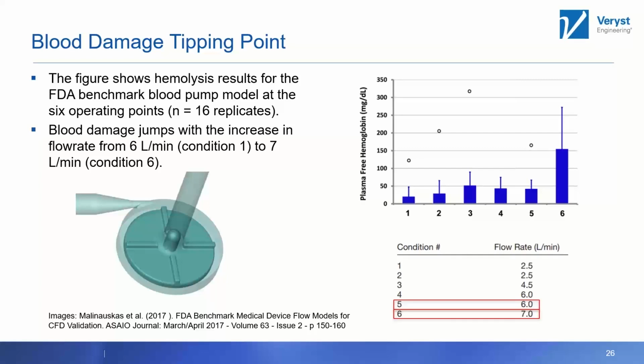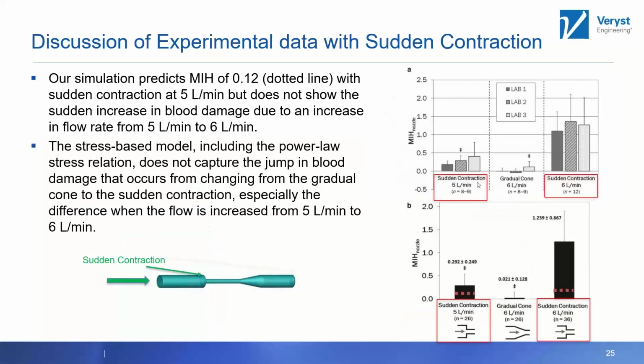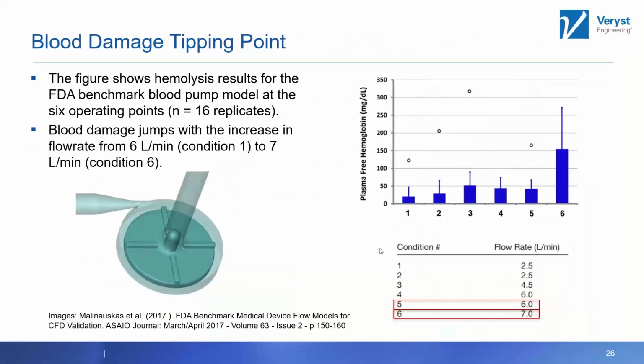We see this tipping point and sudden increase in blood damage also in the nozzle case, when flow rate increased from 5 to 6. Our simulation and power law simulation cannot capture this tipping point. This sudden increase cannot be captured by power law equations.